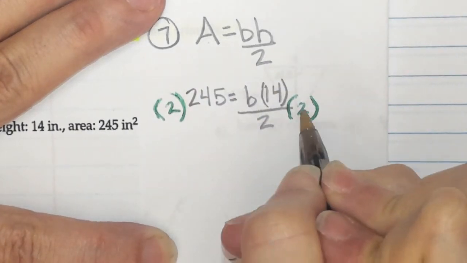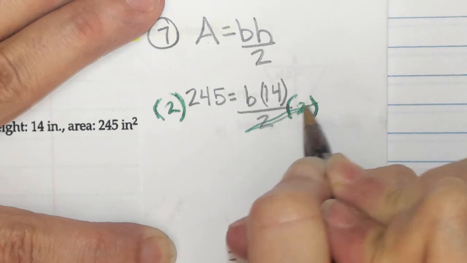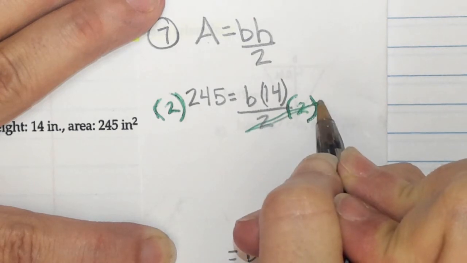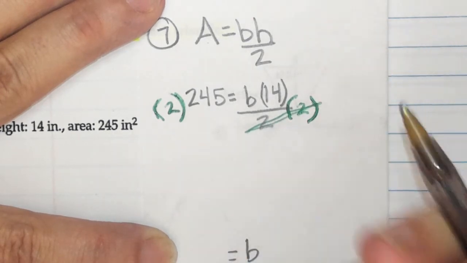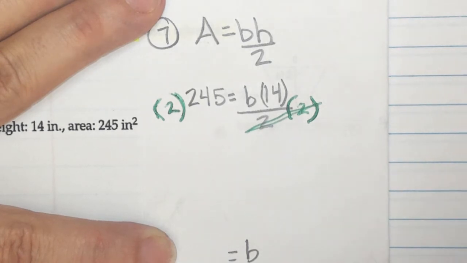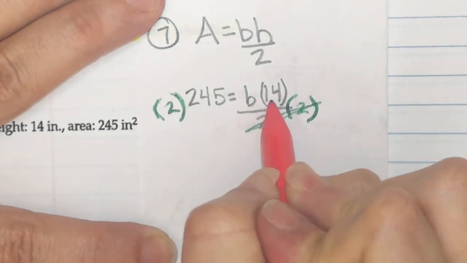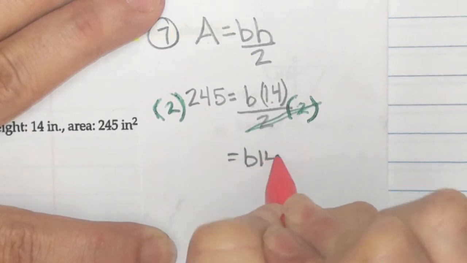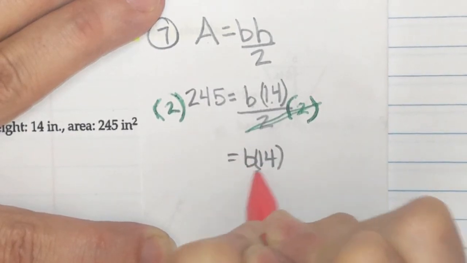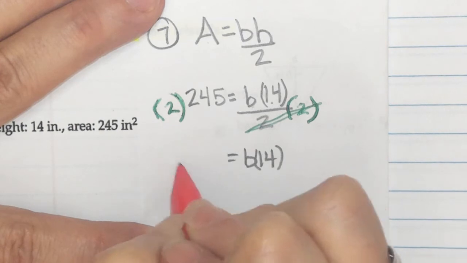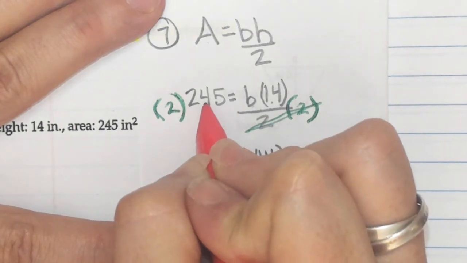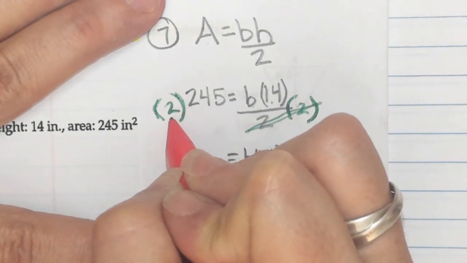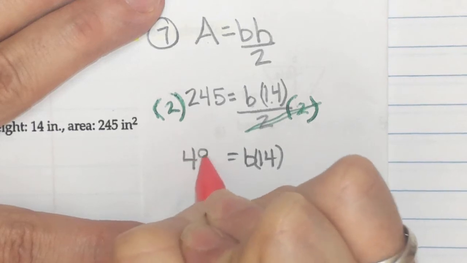The side that matches, we get to go away. And then what we have left is B times 14 on this side. I guess you could do parentheses. And on this side, we've got 245 times 2. 490.